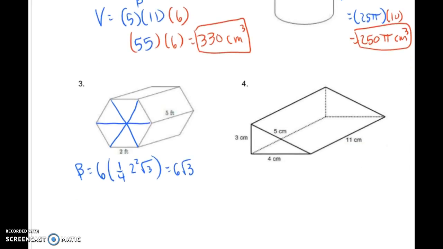But for the volume, we're going to take the area of that base, and we're going to multiply it by our height, which in this case is 5. So the volume is 6 root 3 times 5, which will give us 30 square root of 3. And again, our units in this case are feet, so cubic feet.